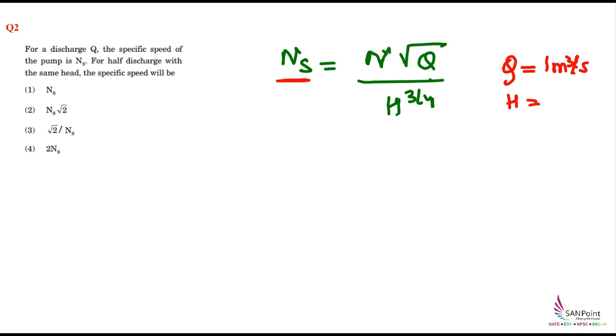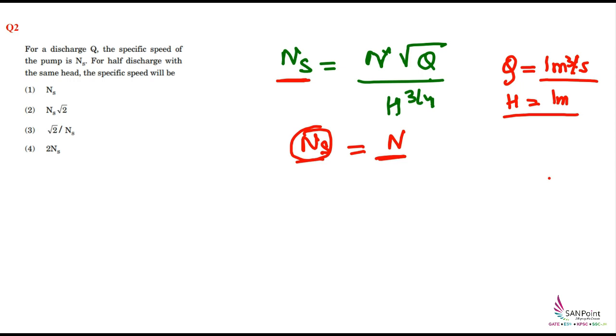So H value is 1 meter. If I substitute these values in the equation, the Ns value comes out equal to N. So Ns is that value of rotation of the pump when the discharge is 1 meter cube per second and it is lifting the water to 1 meter height. This number basically helps us in comparing different types of pumps and their performances.